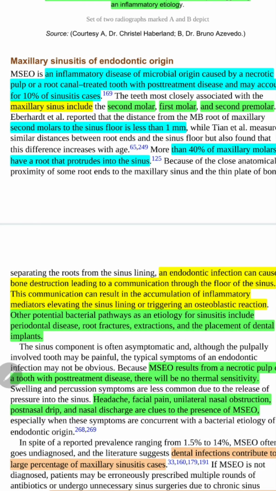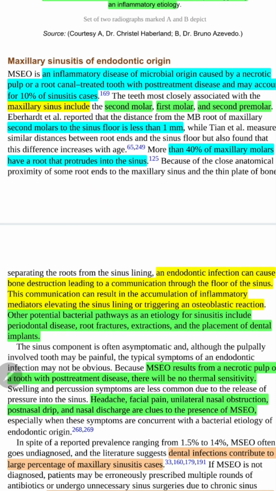The maxillary sinusitis of endodontic origin is an inflammatory disease of microbial origin caused by a necrotic pulp or a root canal treated tooth. It causes 10% of sinusitis cases.